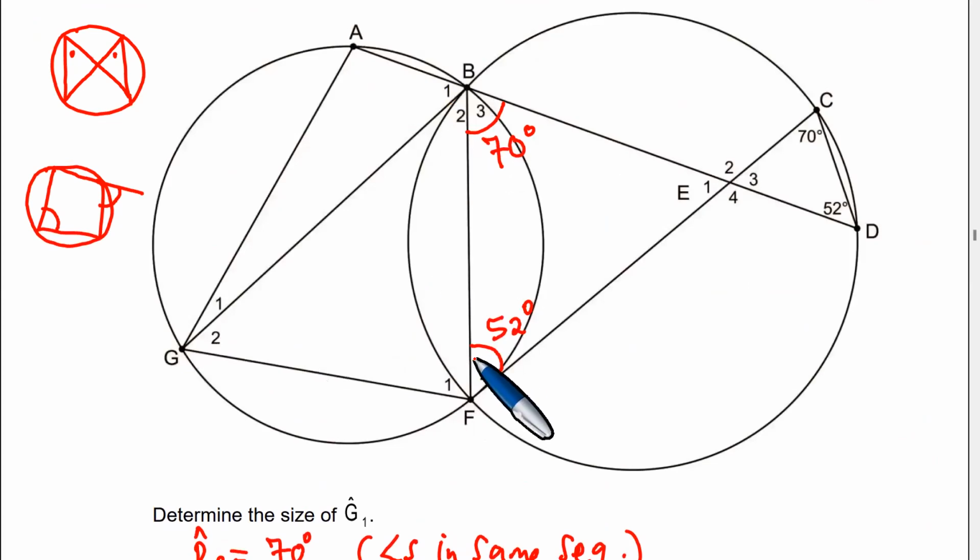It means that angle G2, we already know, is equal to 52 degrees as well. As F2 is 52 degrees, it's obvious to find the angle G1, because already we know that this whole angle is equal to 70 degrees. Here, this one is equal to 70 degrees.